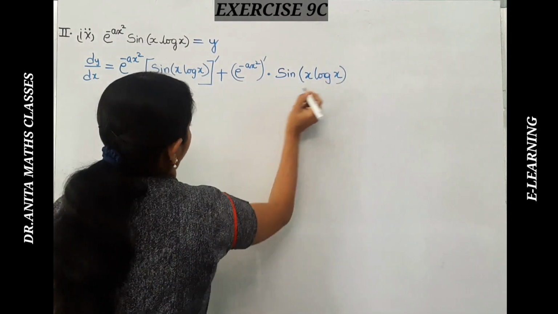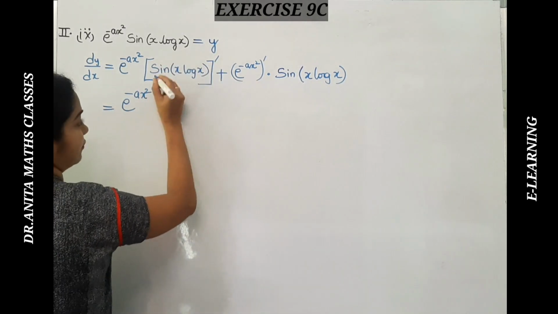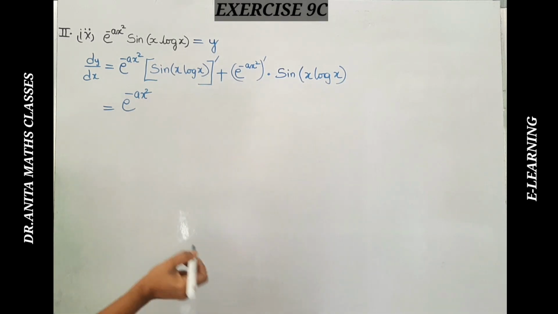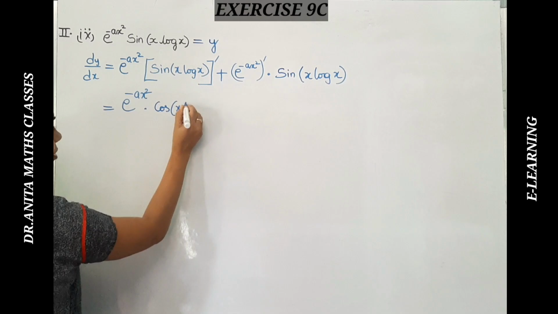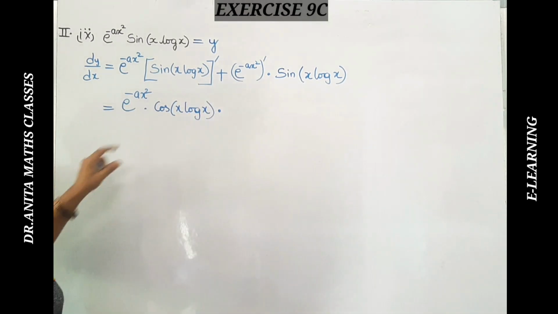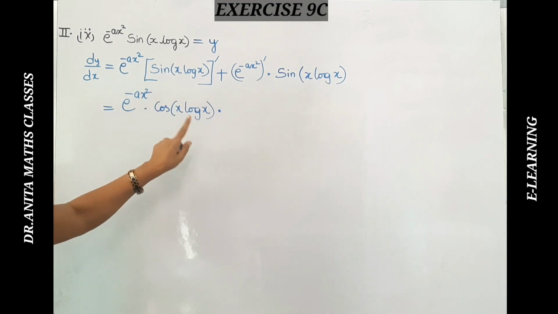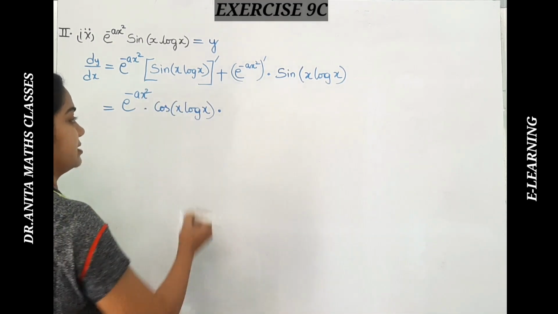So we'll do the derivative here: e raised to the power of minus ax square, and the derivative of sine function is cos function, isn't it? So cos of x log x first, then using the chain rule, since this is not only x, we have to use the chain rule and differentiate this one, that is x log x.